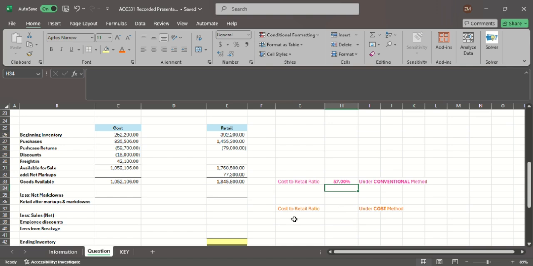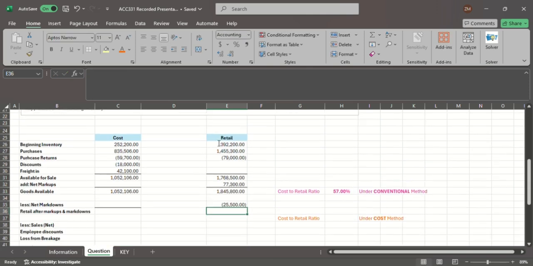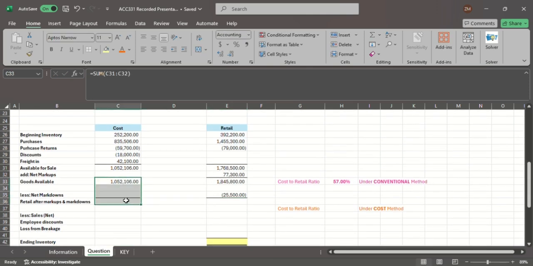So now we have to find our net markdowns for the cost method. So our net markdowns are our markdowns less our markdown cancellations. And since the markdown, I'm making it a negative number in Excel, so that way it can be summed up nicely.